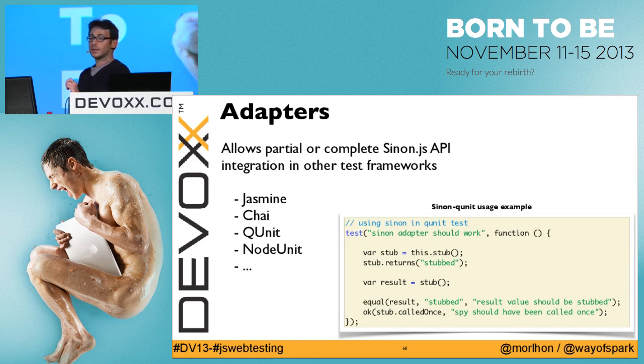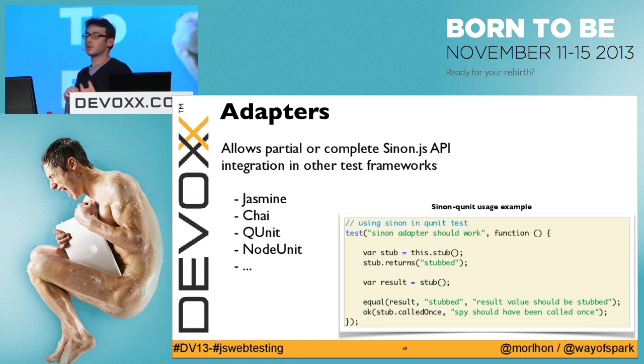I say that Sinon works with any test framework. So here is a non-exhaustive list. It can work with Jasmine, Chai, QUnit, Node unit. The features depend. For example, in QUnit, you can use the matchers, you can use pretty much everything.